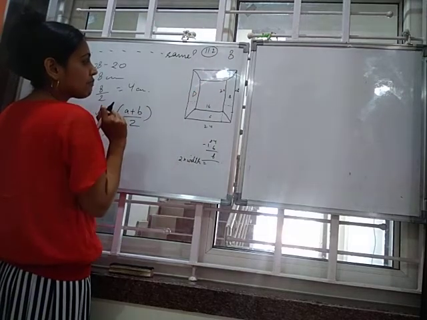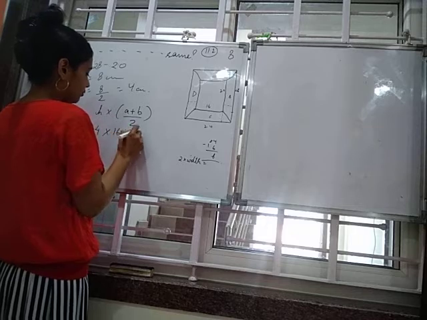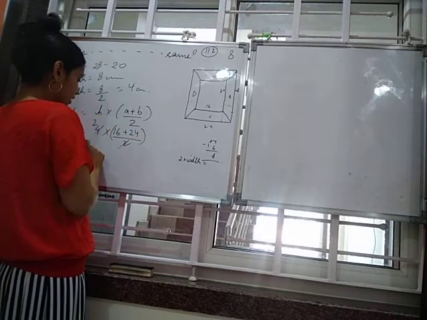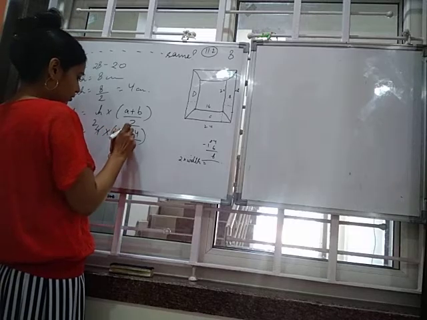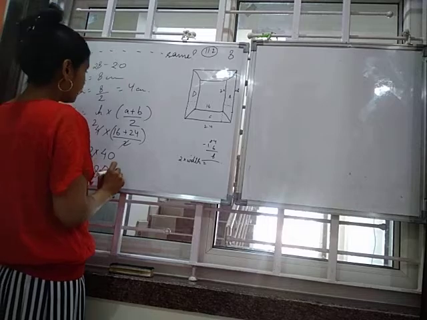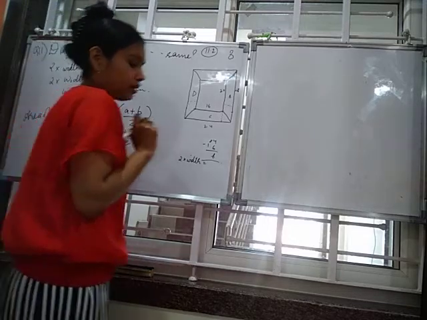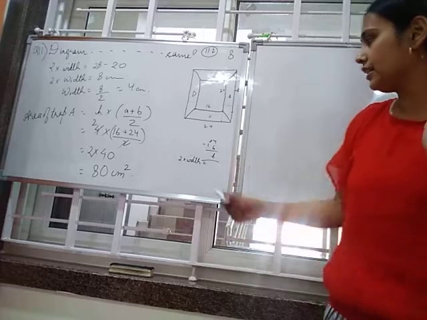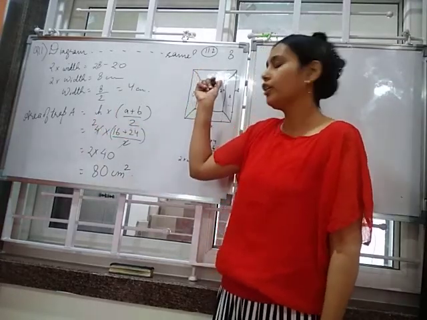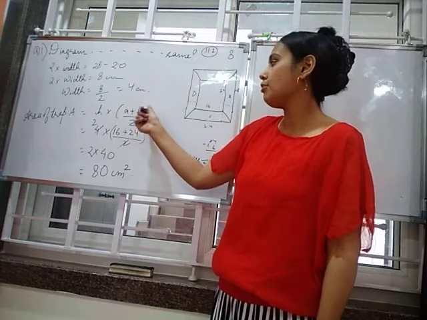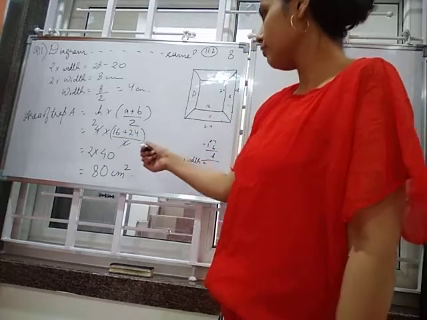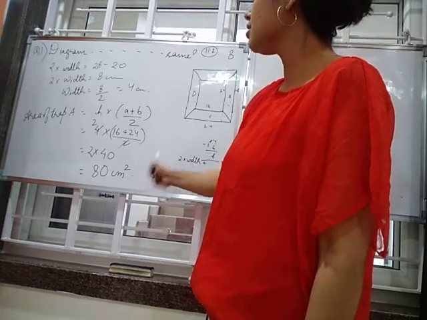This is B, 24, by 2. Now this 2 and this 4 can get cancelled and this becomes 40. 2 into 40, which is 80 centimeter square. You can see this is 80 centimeter square. The area of the trapezium is given by the perpendicular distance into sum of parallel sides divided by 2. Okay. So this is 80 centimeter square.